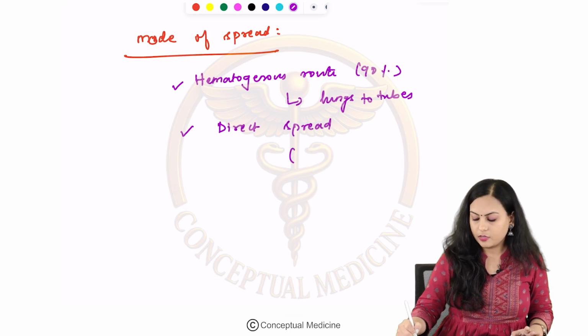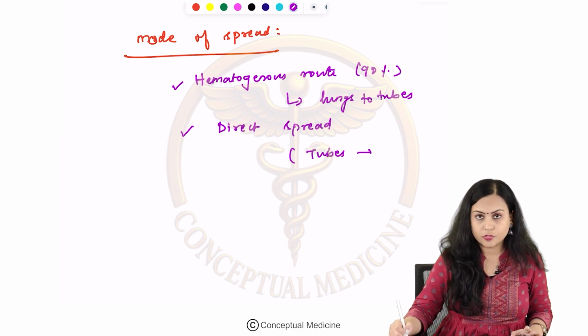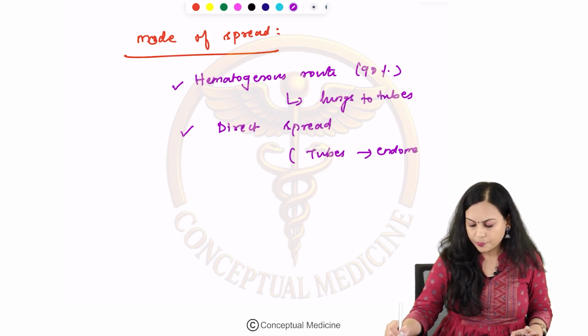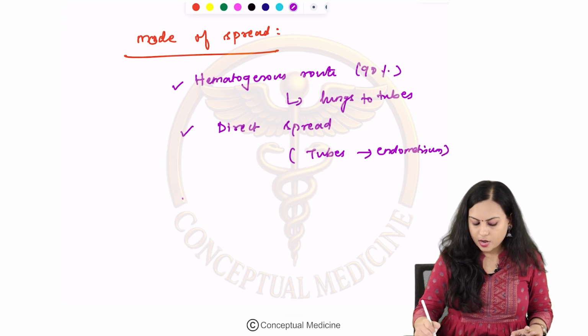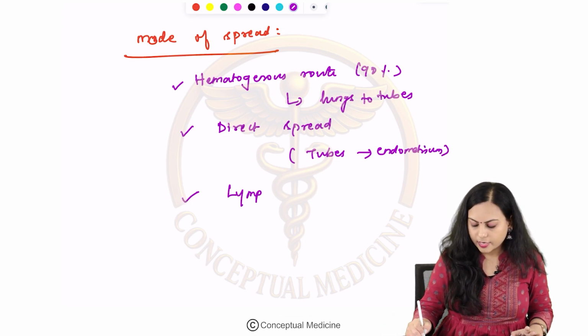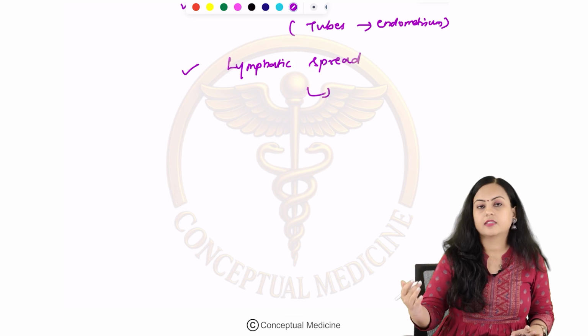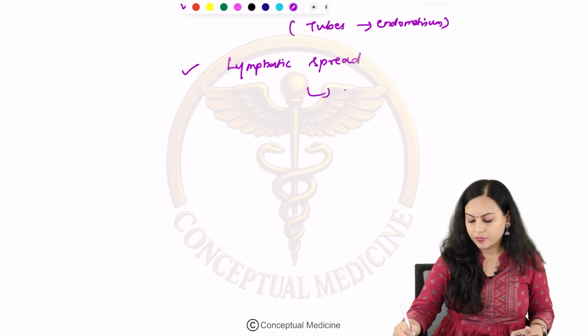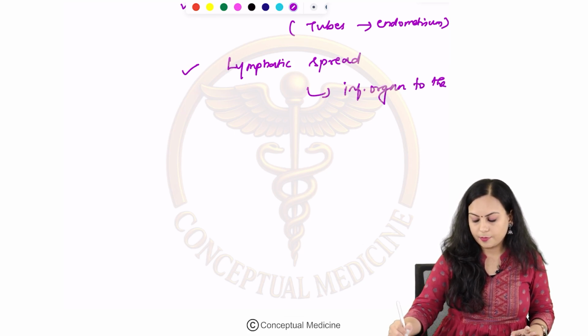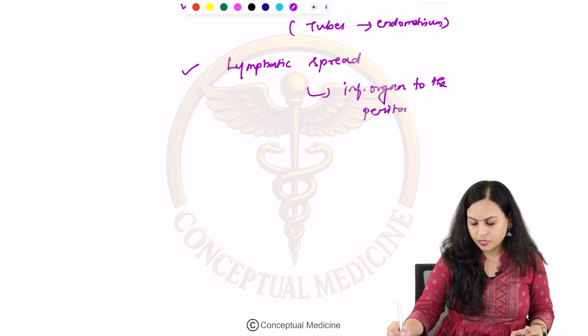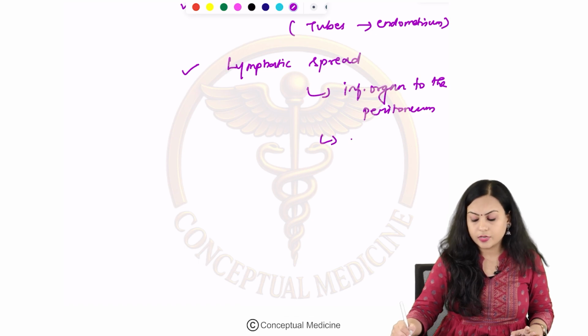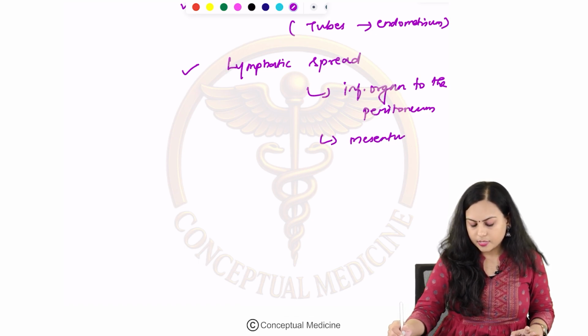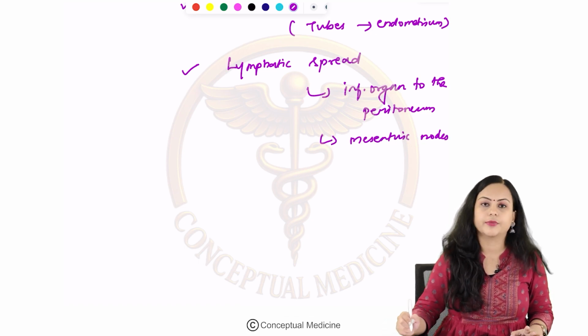And other routes may include direct spread, for example, when it spreads from the tubes to the endometrium, and then there can also be lymphatic spread. For example, when the infection travels from the infected organ, say uterus, to the peritoneum, or it can spread to the mesenteric nodes as well.